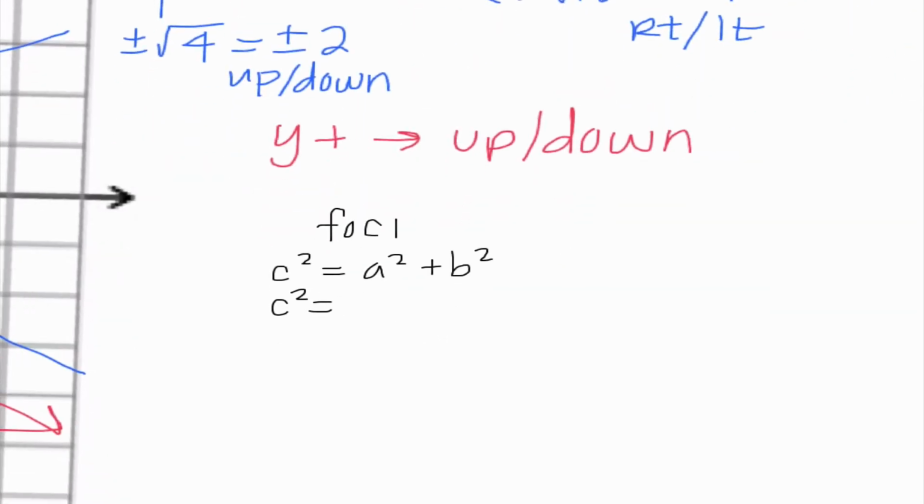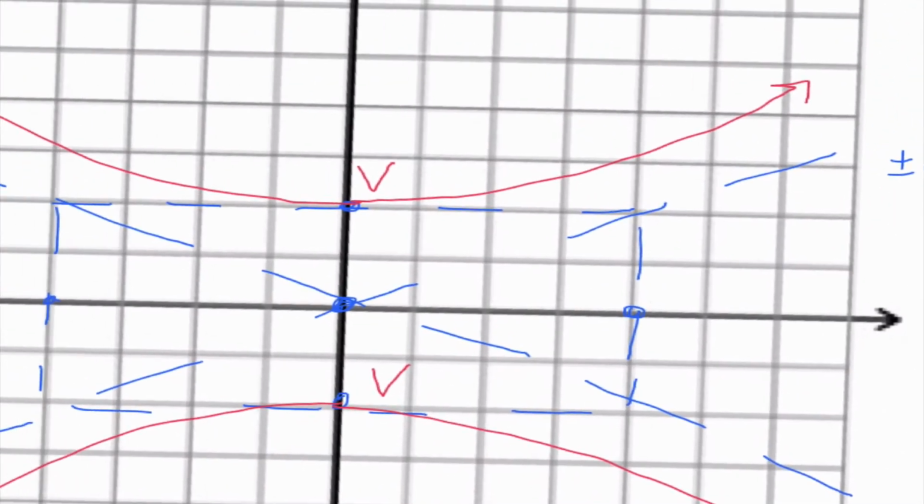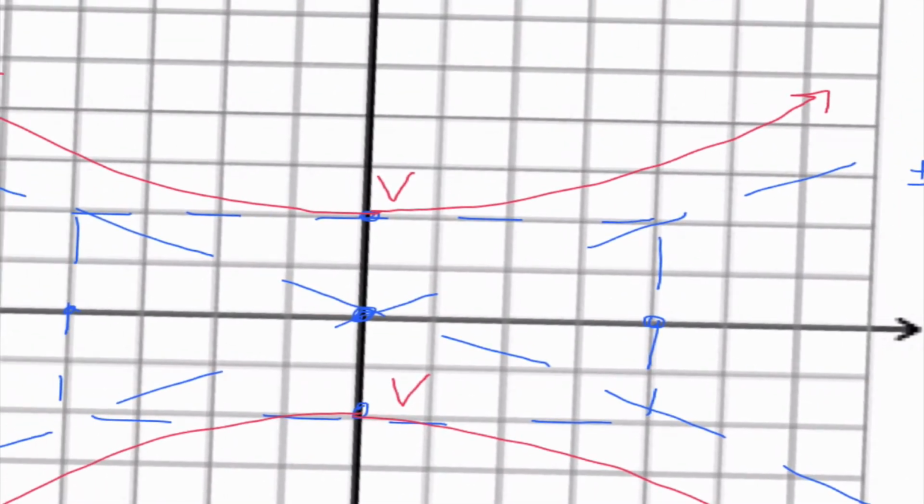So I have 4 plus 16, so c squared is 20, so c is the square root of 20, which is approximately 4.47.